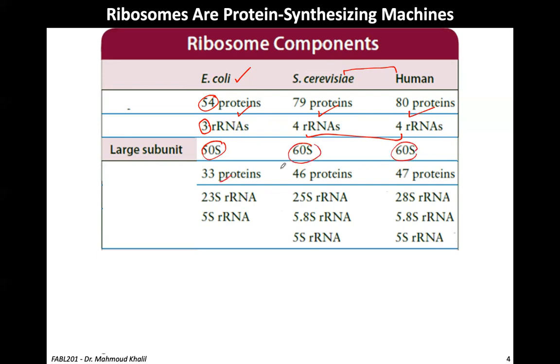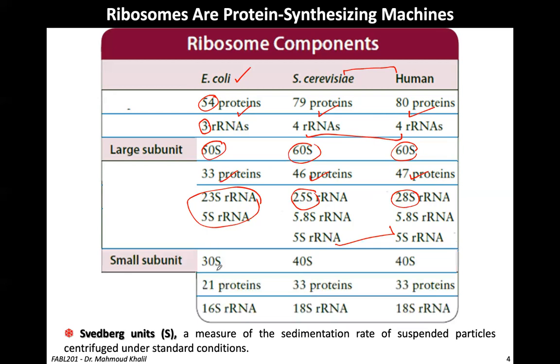You can see that the number of proteins is different, as well as the number and type of ribosomal RNAs, between the prokaryotes and the eukaryotes. Both the lower eukaryotes and the higher eukaryotes have almost the same ribosomal RNA structure, except for the 25S and 28S ribosomal RNA.